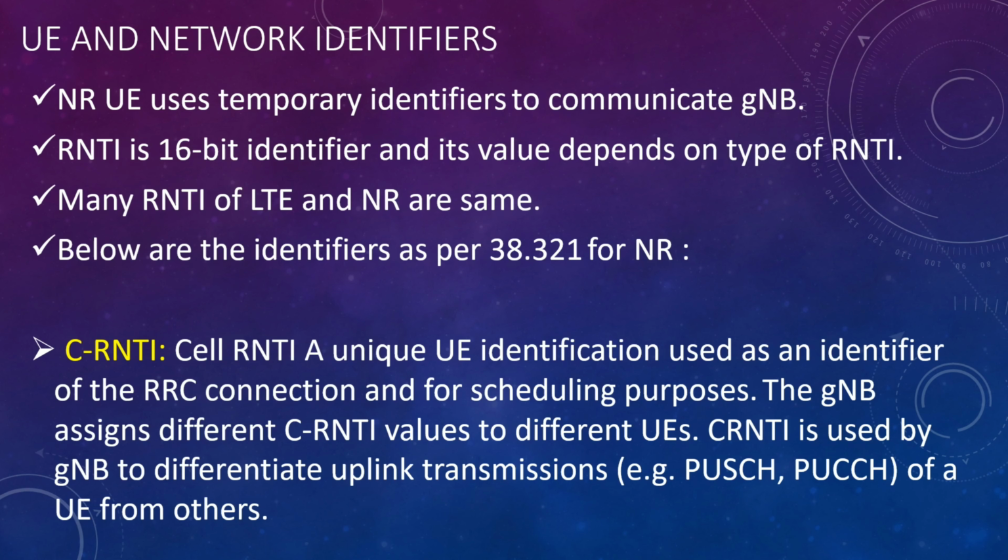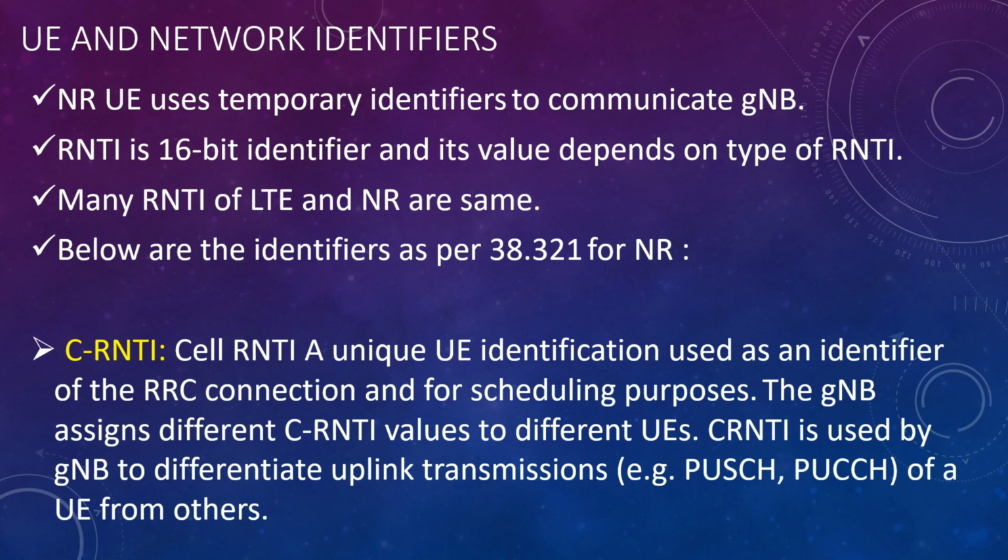Few are added only, but there are similarities. So below are the identifiers as per the 3GPP standard 38.321, that is for NR. Now, below are the types of identifiers and what exactly they mean.